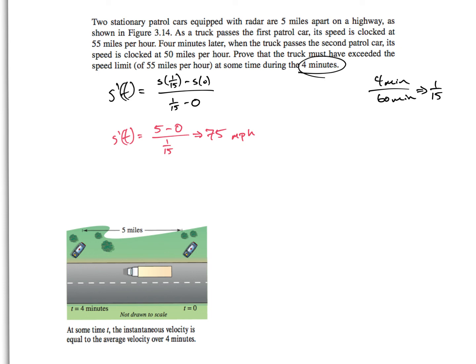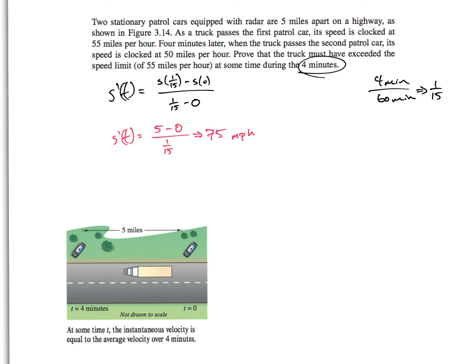But they get on their little radio, like, we got a copper here, mile 15. Did they get caught? No. But if they knew the mean value theorem, how many times did the truck go 75 miles per hour? At least once. Now, if you think about it, they actually went at least twice.